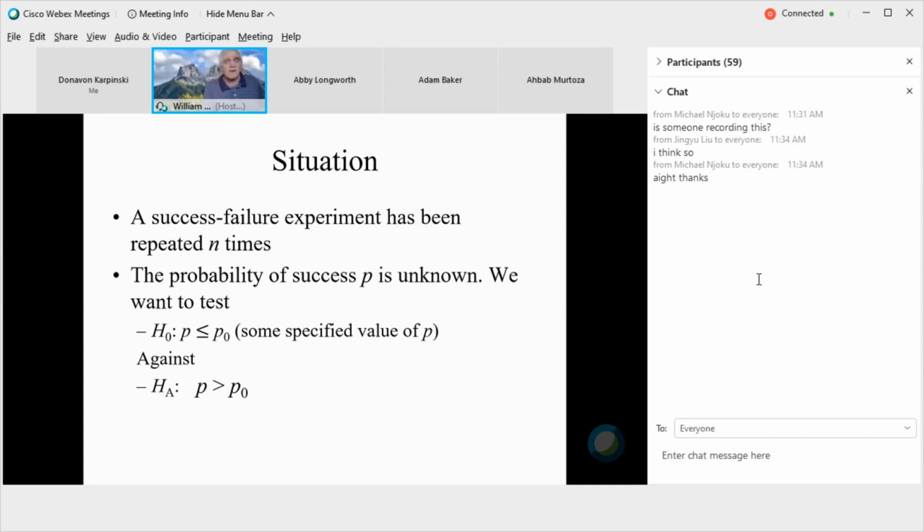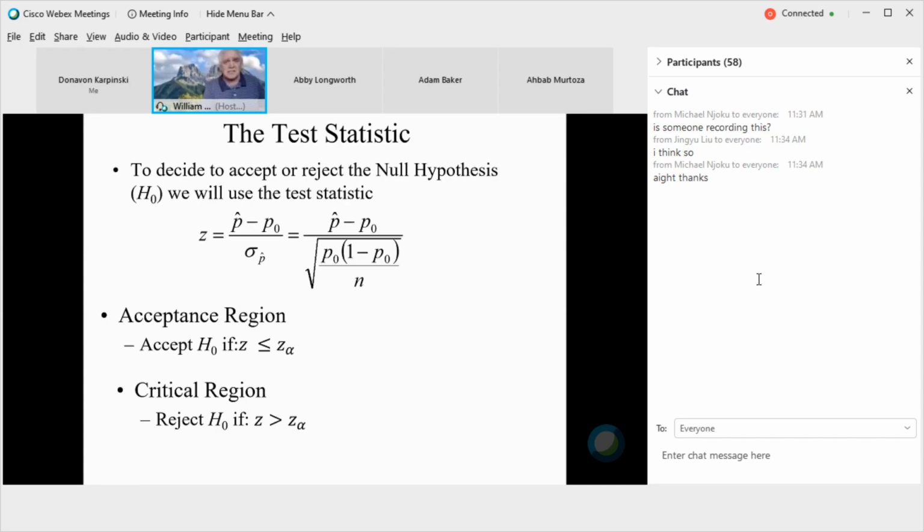You're trying to prove that the true proportion is greater than the specified value. The test statistic is exactly the same that you use in a two-tailed test. The acceptance region, though, is only located in the upper tail.